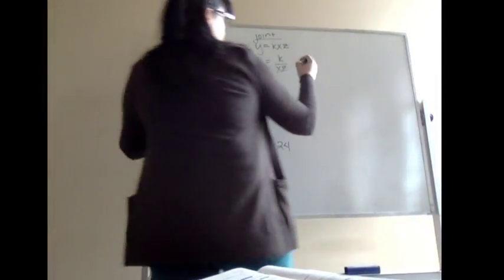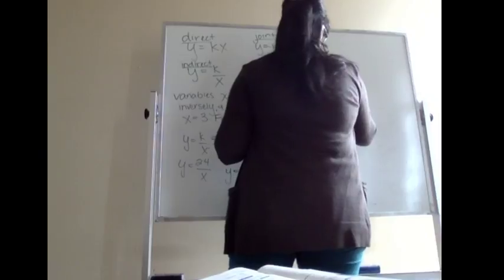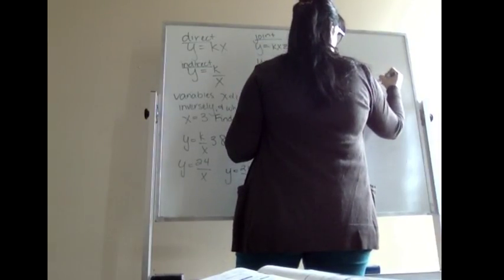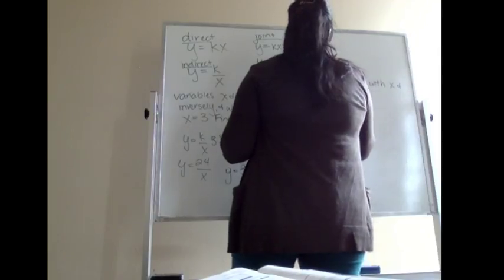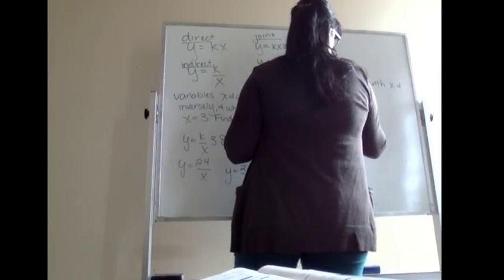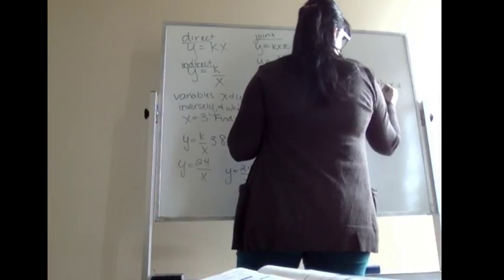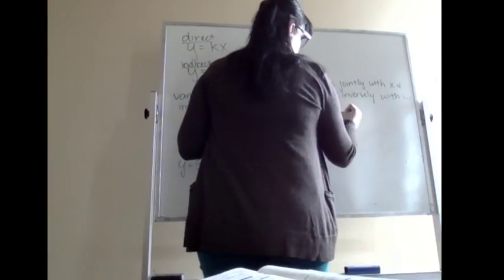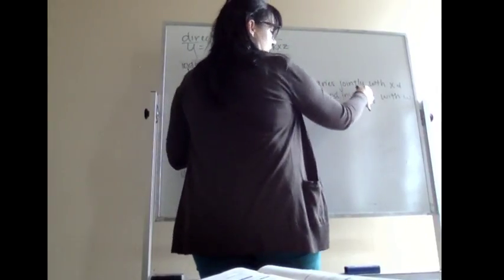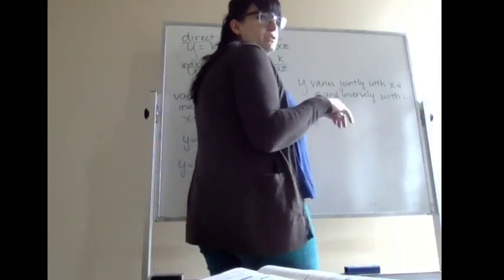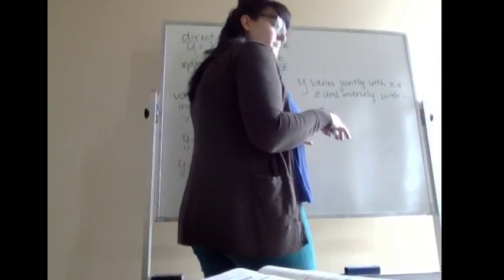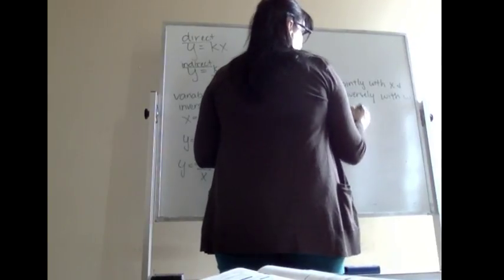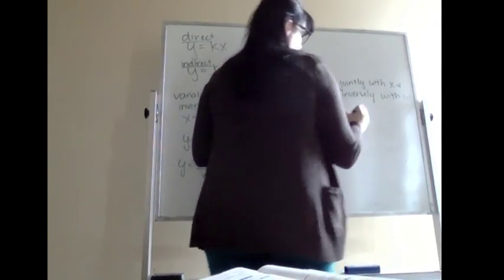If they said something like, y varies jointly with x and z and inversely with w, it's always going to be y equals k. K is always in the same spot. If it doesn't say inversely, that means it's direct. So if it varies jointly with x and z, they go right here together, and inversely with w, so w's on the bottom.